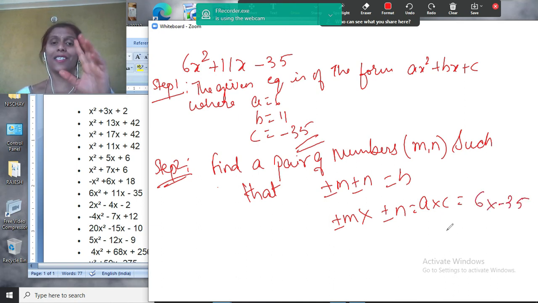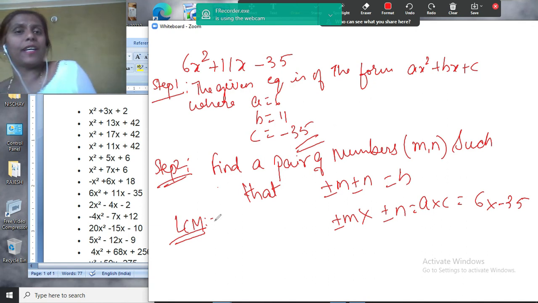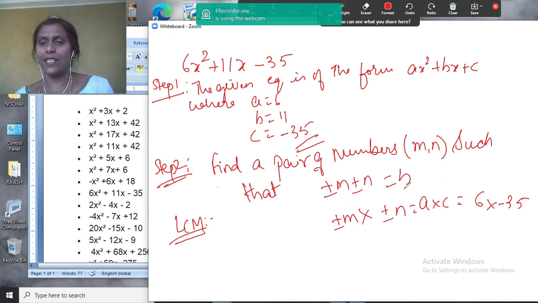So this is how I should find. Now I'll go for the LCM method. As I said, we are going for the LCM method because that is the one which will give you the hints actually, right? So what is 6 into 35?